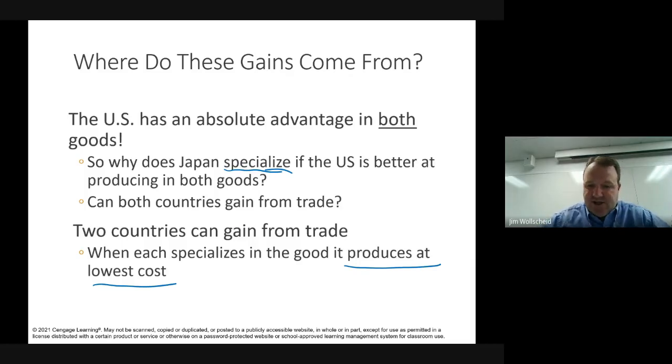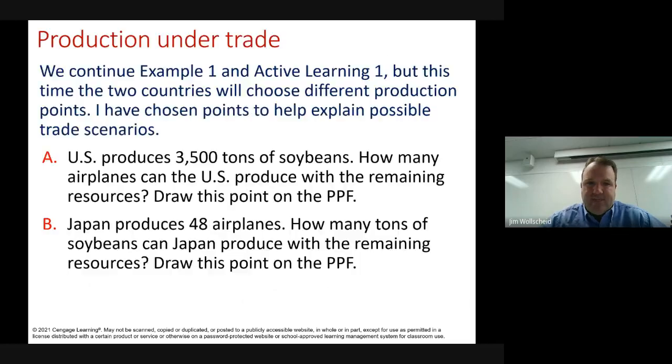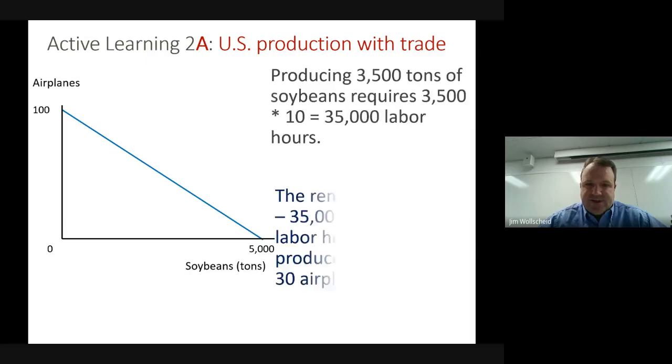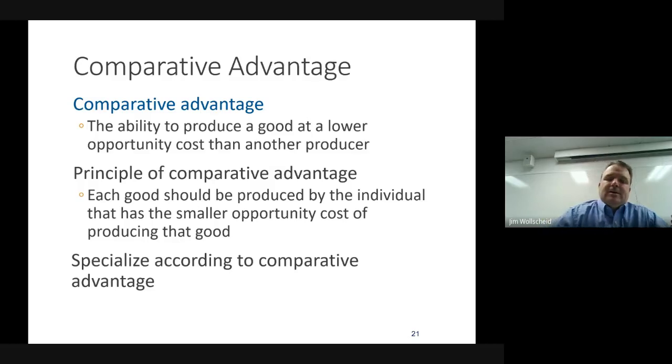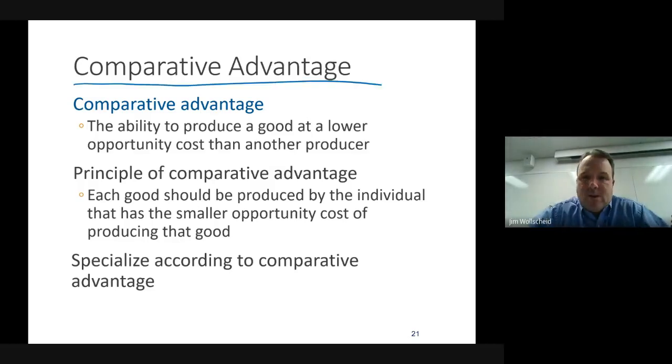So specialization is going to be related to cost. I can see some of you thinking, but Dr. Walsh, you haven't put any dollars and cents up there. How are we going to find cost? Same way we always find cost. We're going to examine the opportunity cost. When we talk about opportunity cost, we no longer are talking about absolute advantage. We are talking about comparative advantage.